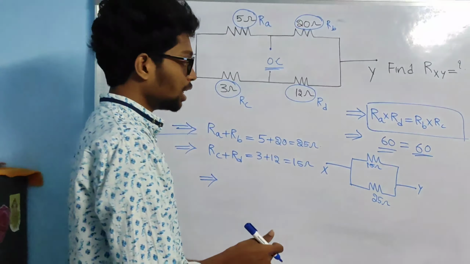We got 75 divided by 8. By solving this, we get 9.37 ohms. Therefore, RXY equals 9.37 ohms.